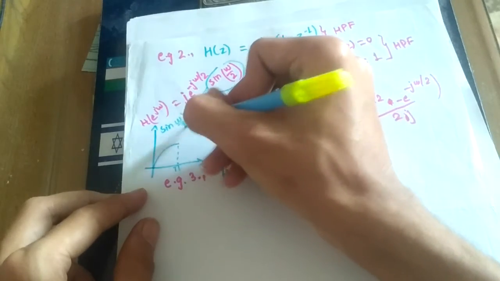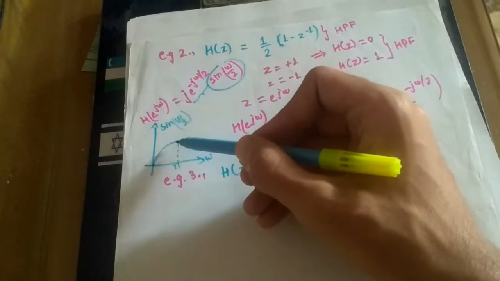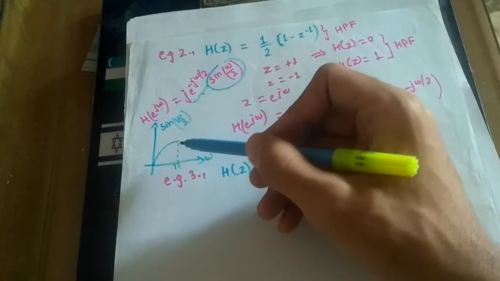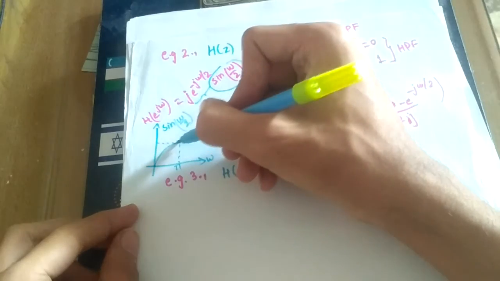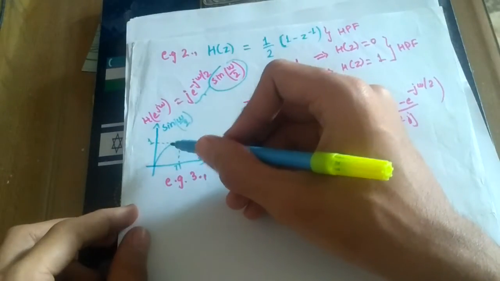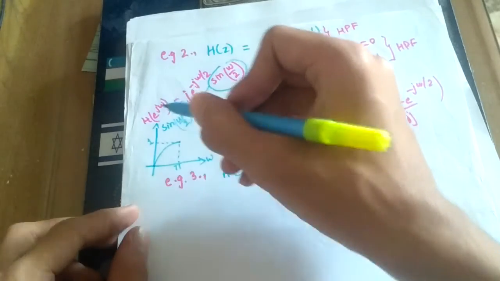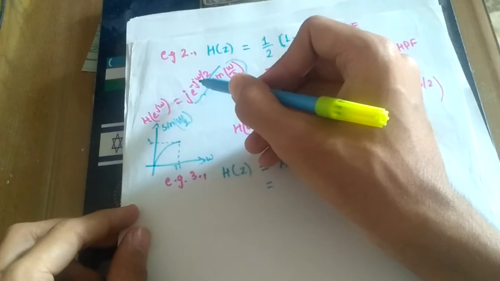We are plotting sine omega by 2, that's it. Since we are having digital frequency, we will not go beyond pi. At omega equals pi, sine omega by 2 will be 1, so this is the maximum value of our magnitude. This is our magnitude plot.